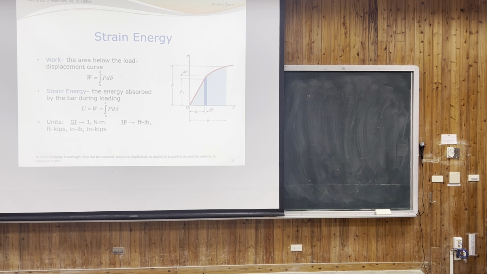So strain energy, I'll skip this, or I can go through this. It's the force times the elongation, which equals the energy, the work, right? The strain energy is defined as the energy absorbed by the bar during the loading. So it's P times the total elongation.